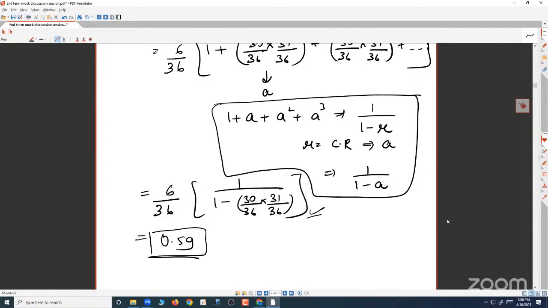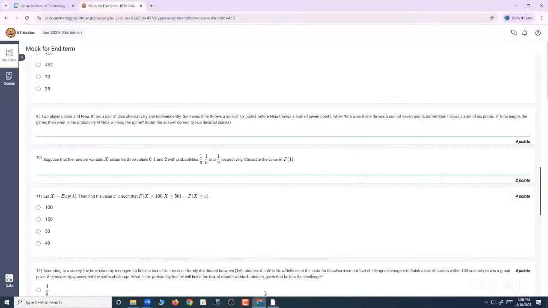Is this clear? Madam, they're throwing dice only, no? So how are you calculating 30 by 36 and all? I don't understand. If you read the question, it says the sum of 7 points, the sum of 6 points. Which means they are throwing a pair of dice alternatively and independently.